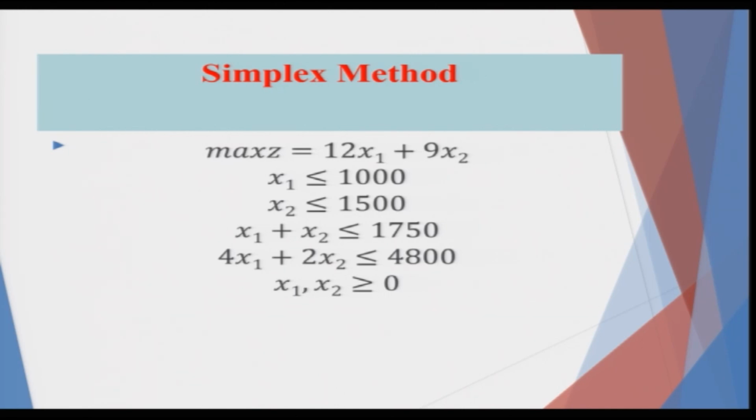As I add the slacks in order to bring equality in all 4 constraints, the objective function also will change, which will be 12x1 plus 9x2 plus 0 s1 plus 0 s2 plus 0 s3 plus 0 s4, and obviously you will have the constraints x1, x2 and also the slacks s1, s2, s3, s4 as greater than or equal to 0.